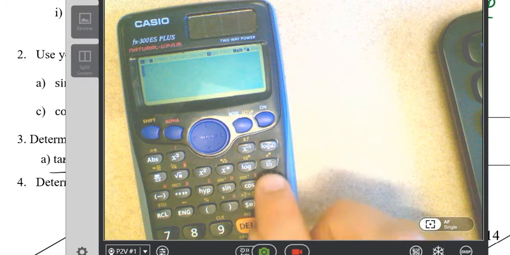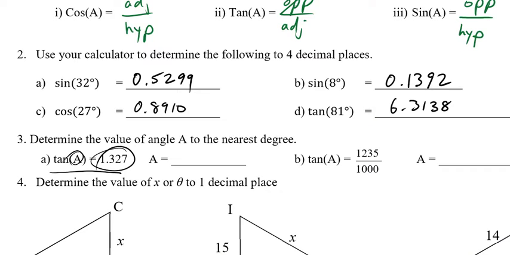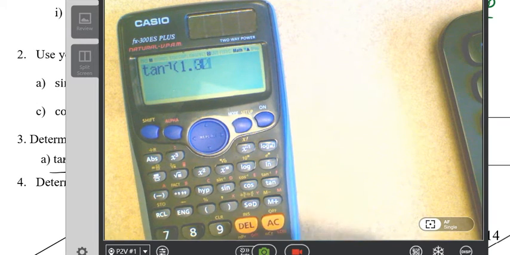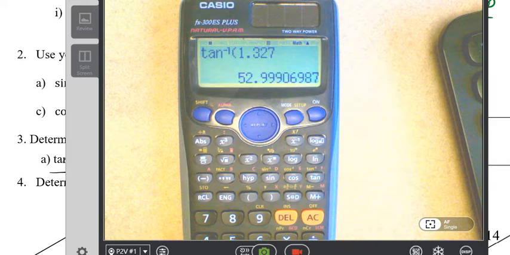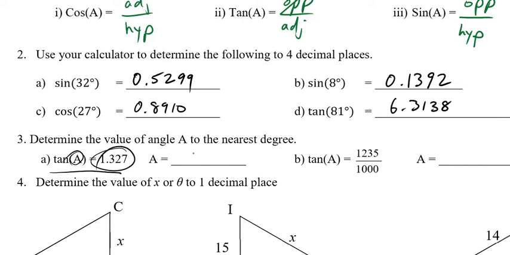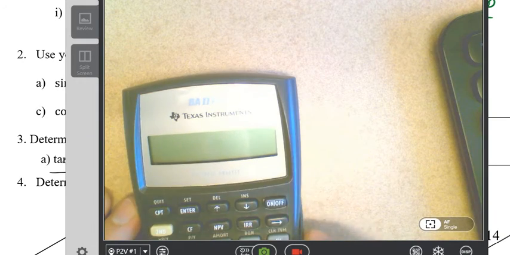So shift tan 1.327. That's how I would do it on this calculator. So 52.999, so 53 degrees. And what about on this other calculator? This one's really messed up for these guys because, oops.